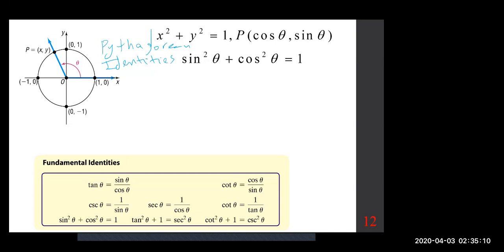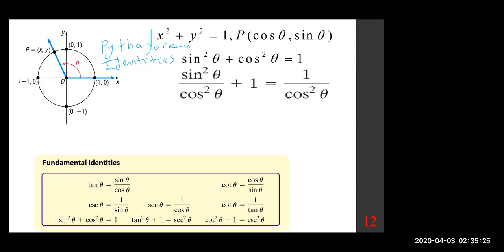Now, what about the rest of them? It's very simple. Let's divide both sides, once by sine squared, figure out what we get, and once by cosine squared to see what happens. So if we divide both sides by cosine squared, what do we get?